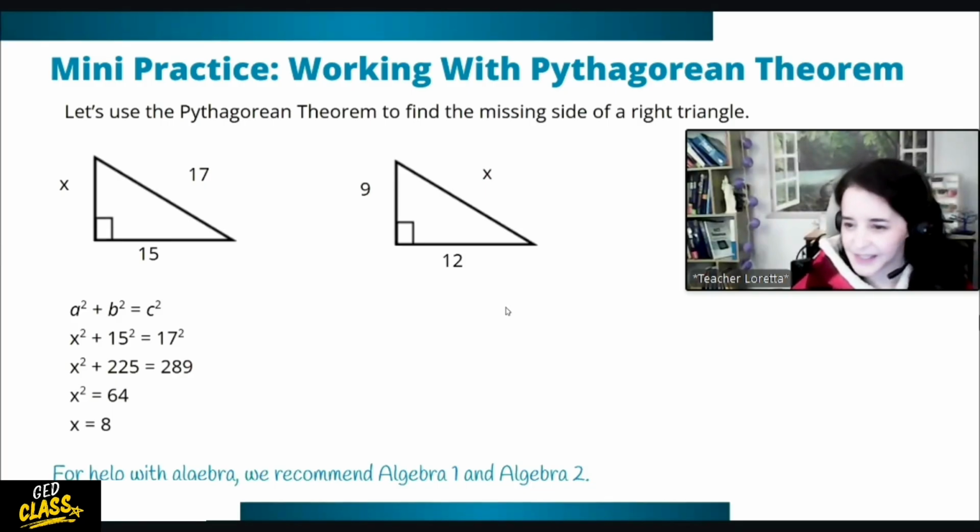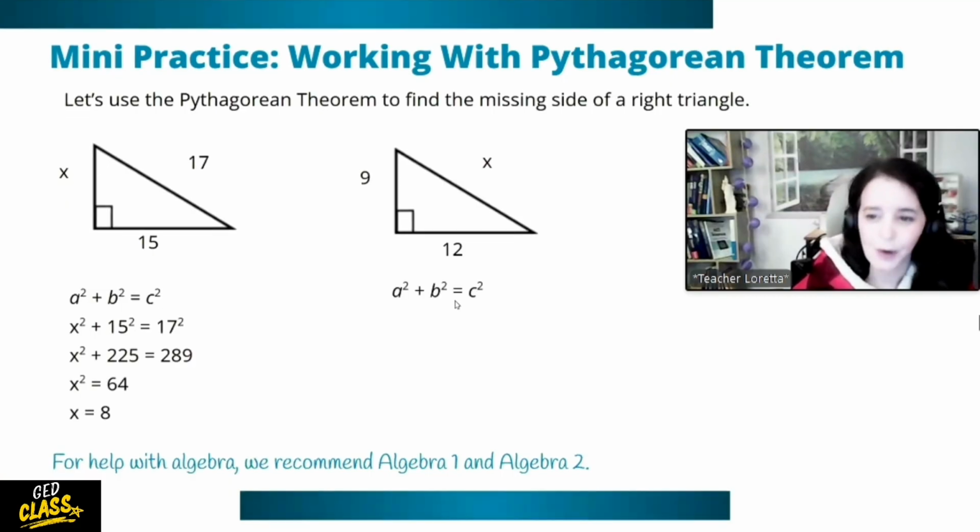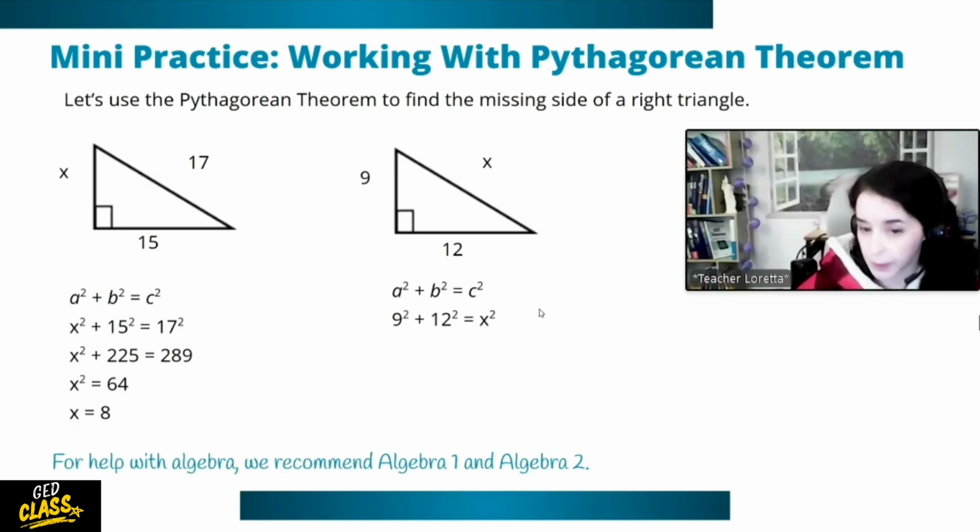All right. I'm going to turn back on the chat. All right. So let's run through it together. I think it is, Alexandros. So, yes. So we get a squared plus b squared is c squared. In this case, the x goes in for the c, right? We're going to say 9 squared plus 12 squared is x squared.